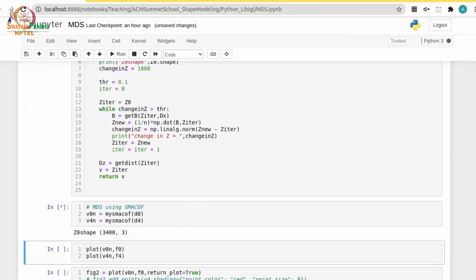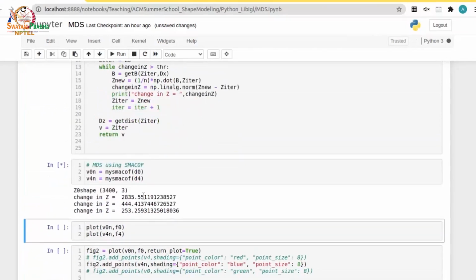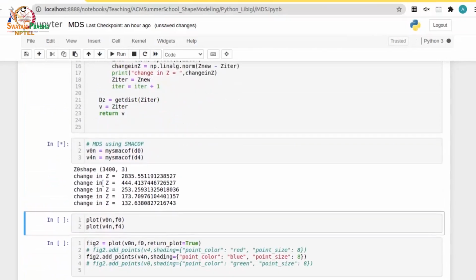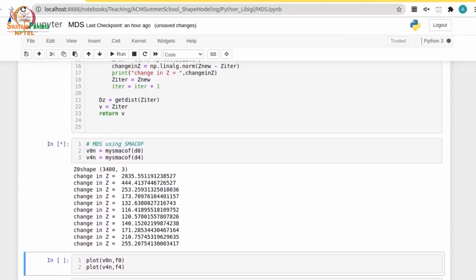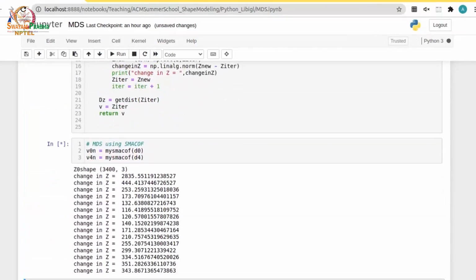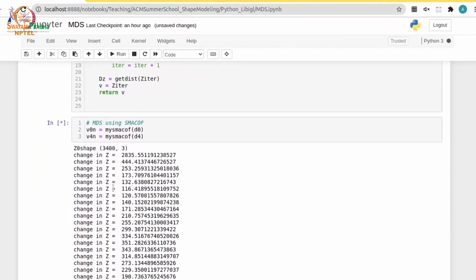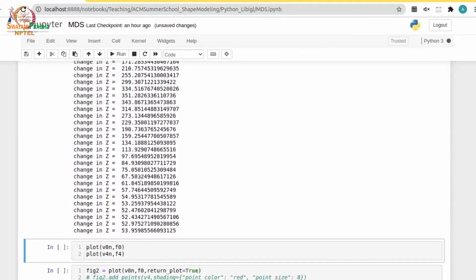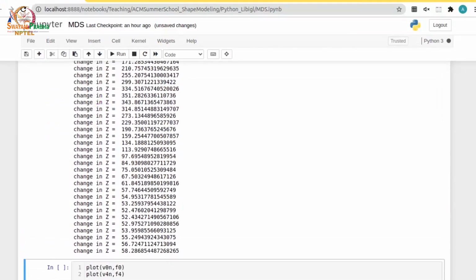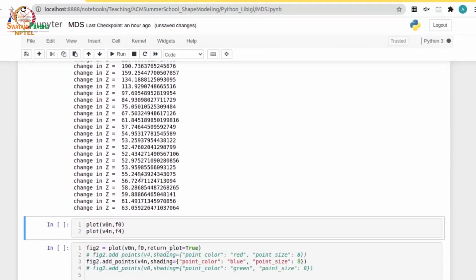This is for the first mesh, the cat0 mesh. The Z are the n cross 3 matrices representing the points that we are obtaining, and the stopping criterion I've used is how much the embedded points change every iteration. As of now it's changing quite a lot. I think the threshold I've put is about 0.1. So you can imagine how long this will take.